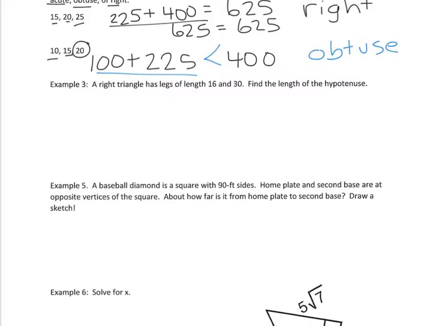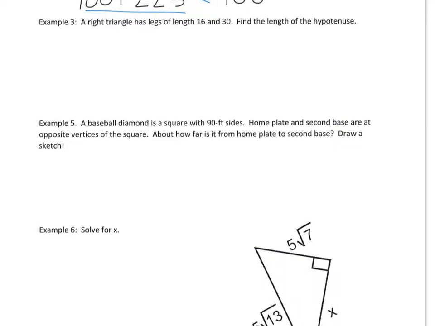Example 3, a right triangle has legs, so this means legs are A and B. Find the length of the hypotenuse, so C. So 16 squared plus 30 squared equals c squared.